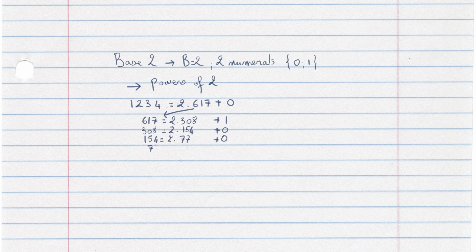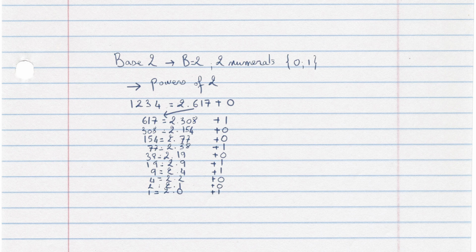So that's 2 times 154 plus 0. 154 is 2 times 77 plus 0. 77 is 2 times 38 plus 1. 38 is 2 times 19 plus 0. 19 is 2 times 9 plus 1. 9 is 2 times 4 plus 1. 4 is 2 times 2 plus 0. And 2 is 2 times 1 plus 0. And 1 is 2 times 0 plus 1.